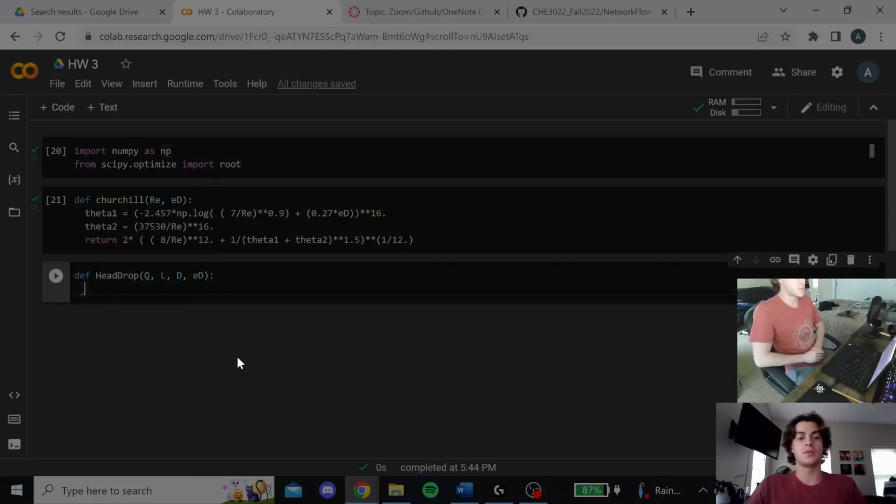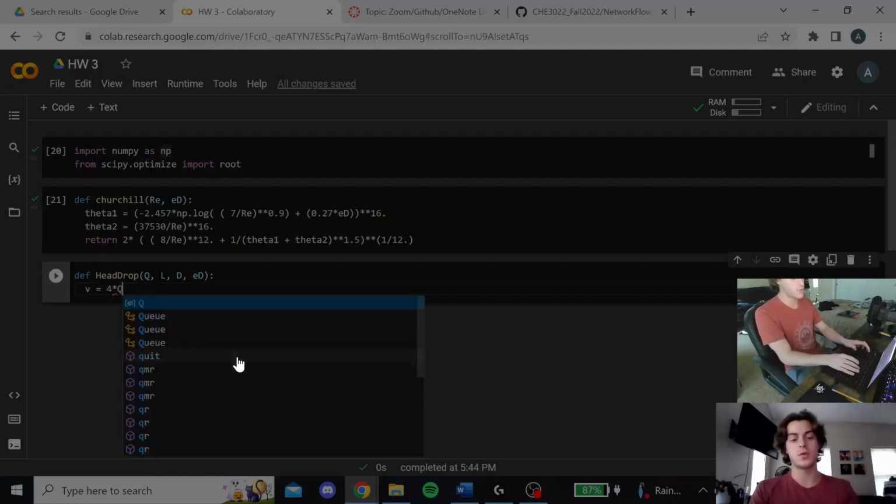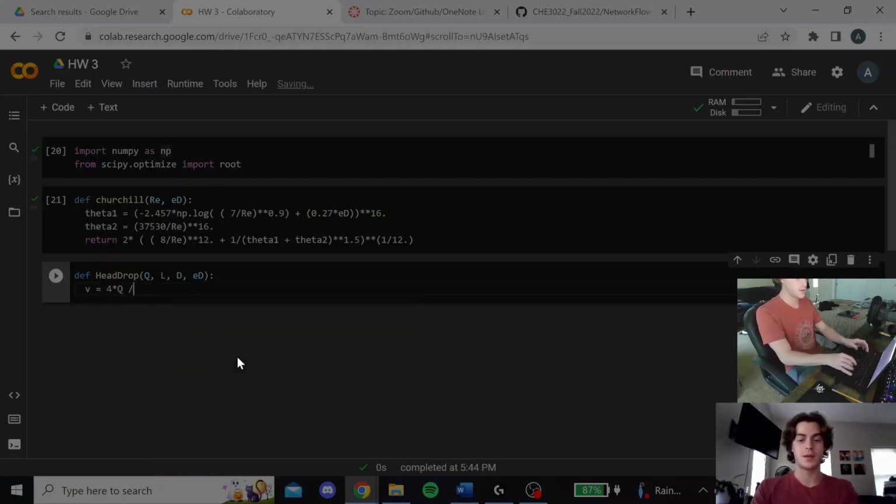So from here, we can just use the equations that I had on the whiteboard, starting with the one for velocity, which is just going to be 4 times the volumetric flow divided by pi times the diameter squared.